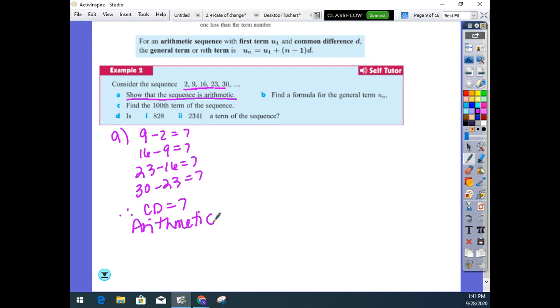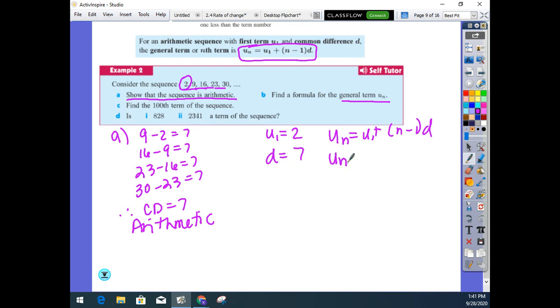Okay. The general formula. What we need to know for the general formula is u sub 1, which is the first term, is 2. The common difference, what are we adding each time, is 7. Take the equation and just substitute. And you can simplify this.